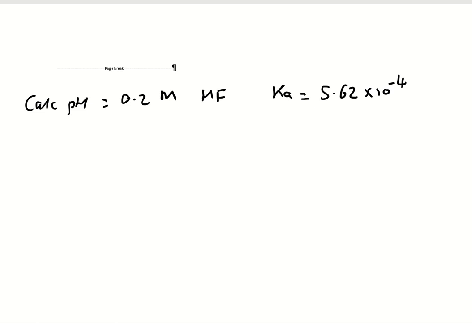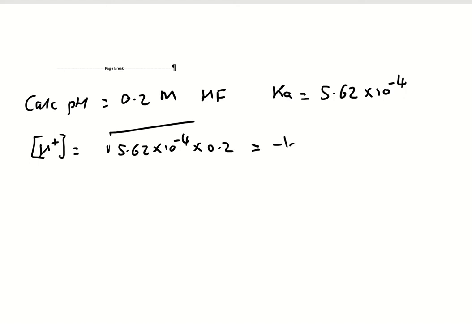All we would be doing there is H plus is equal to the square root of 5.62 times 10 to the minus 4 times 0.2, and then we take the minus log of it, and we should get an answer of pH 1.97. Okay, so hopefully you were able to do that.